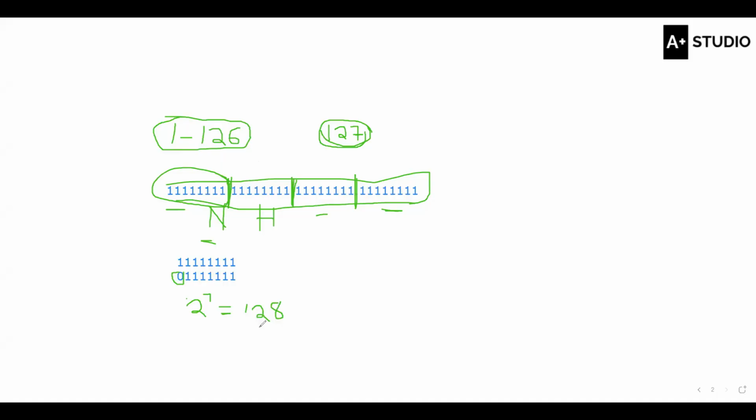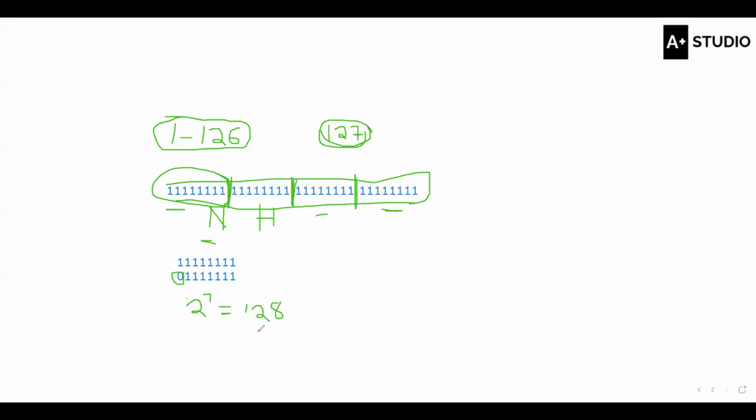And then we know that Class A should range from 1 to 126. But see what happens. We always say that for every IP address, the first and the last shouldn't be part. So let's say 0 to 128.